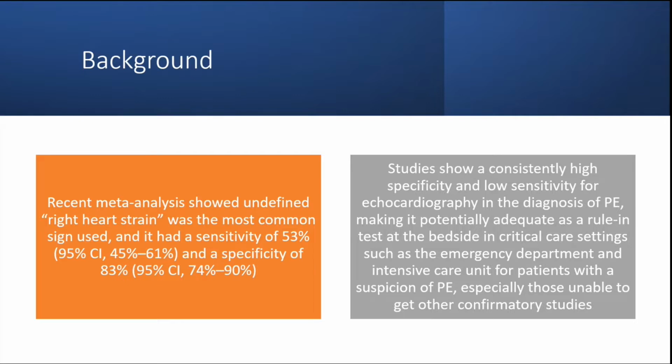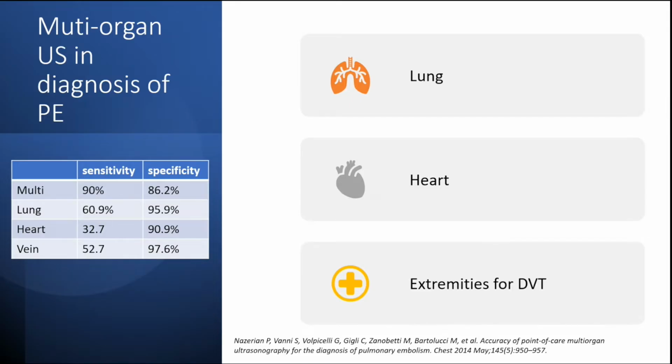So it can be used as a routine test at bedside for patients with a suspicion of PE, especially those unable to get other confirmatory studies. But if we use lung, heart, and extremity ultrasound at the same time, it can increase the sensitivity in diagnosis of PE significantly.